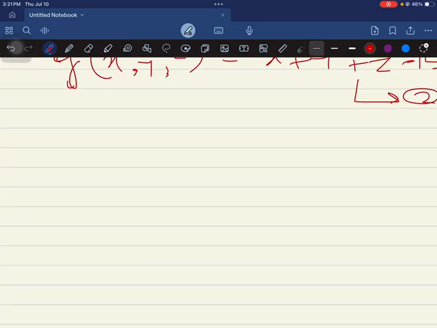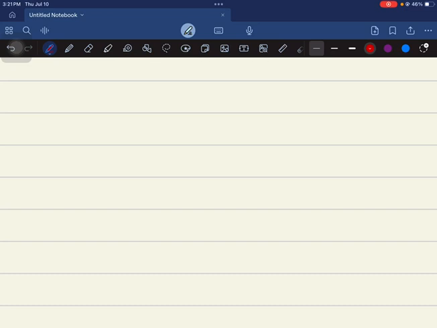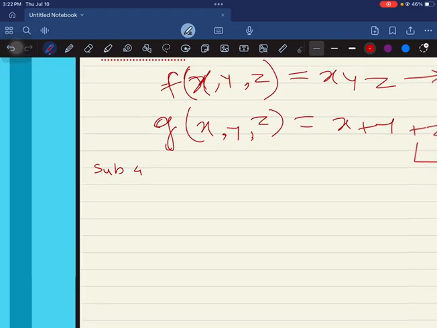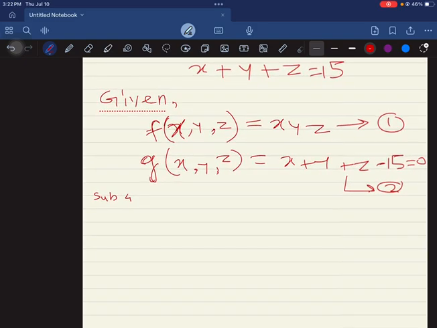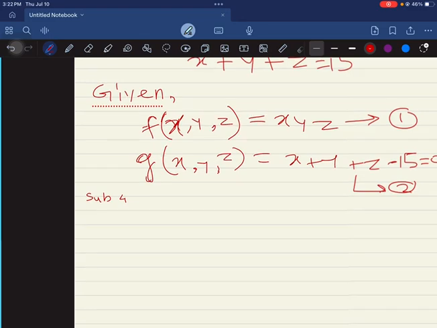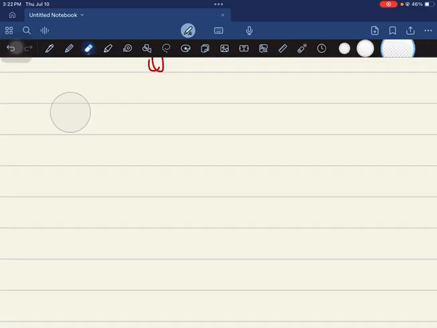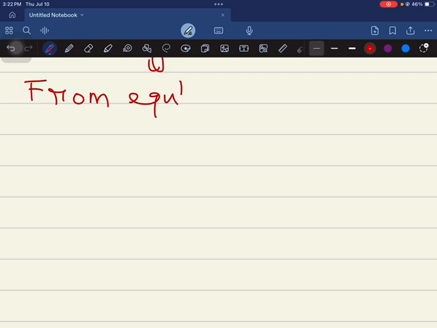So now, from equation number 2, we get the value of z.